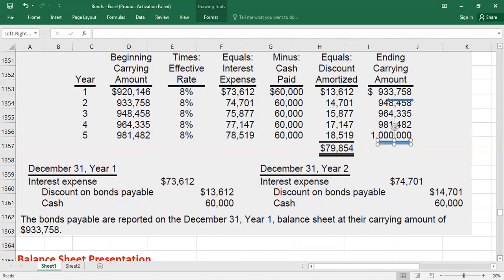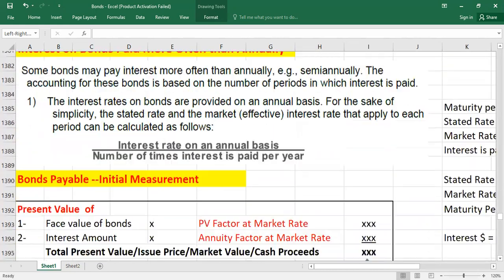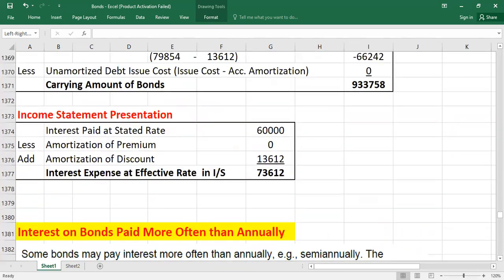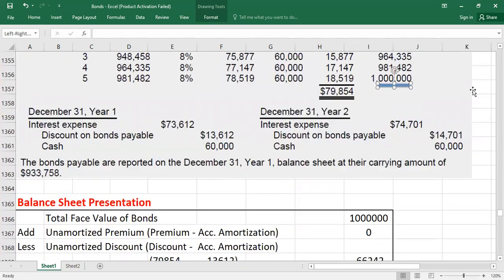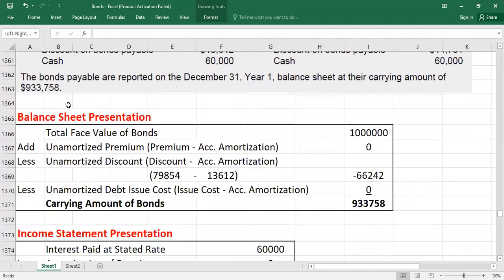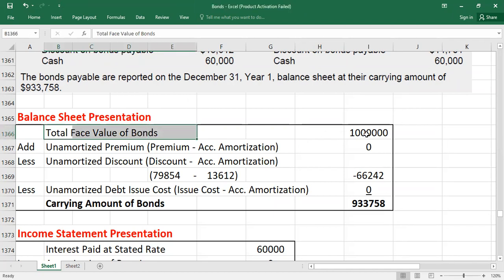Okay. To solve the exam question, it's really easy. But when it comes to the presentation style, if you want to present, how you need to do it, please focus with me. This is how you will do it. Here we have a balance sheet presentation. First we need to write the total face value of the bond, which is 1 million.